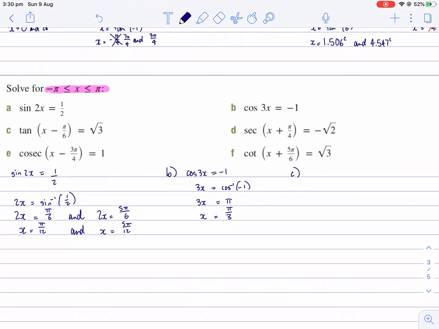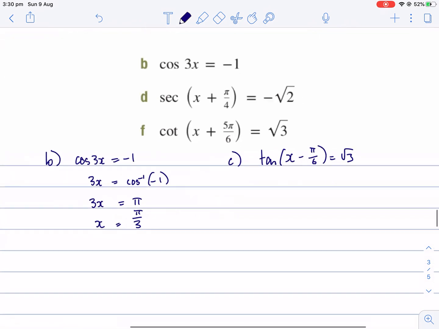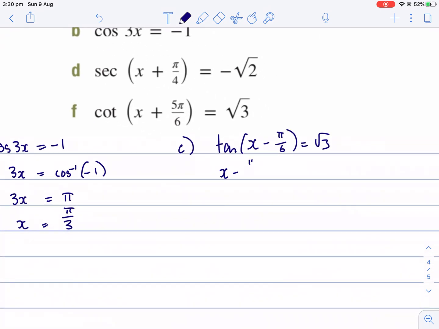Question C. We've got tan of x take pi on 6 equals √3. So x take pi on 6 equals arctan √3. Now arctan √3: tan comes out as √3 when it's pi on 3.